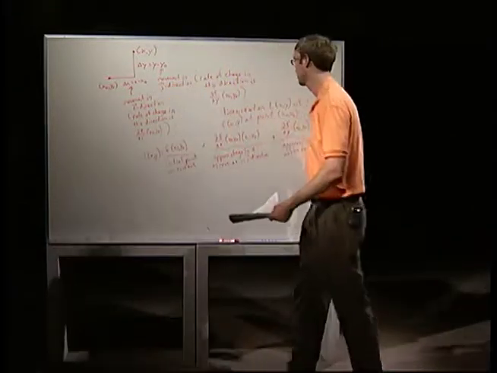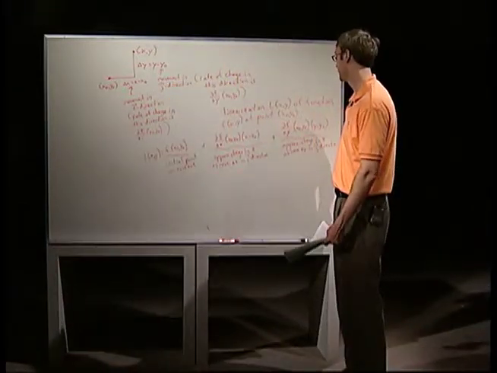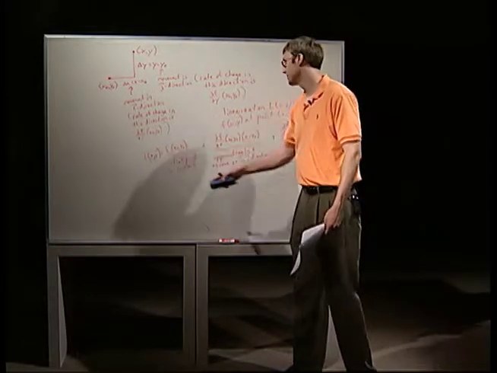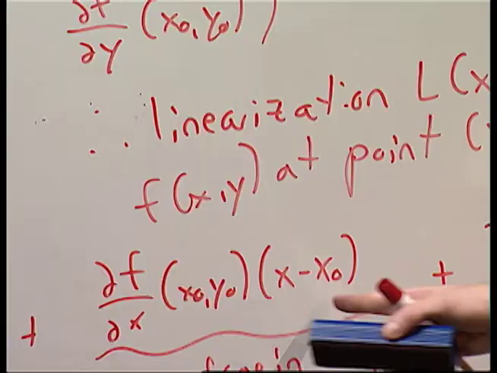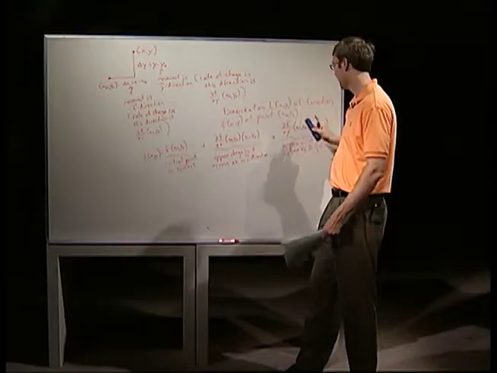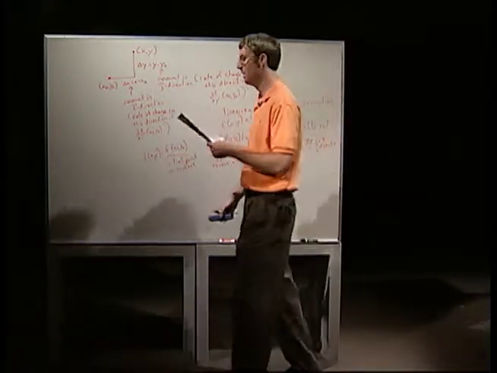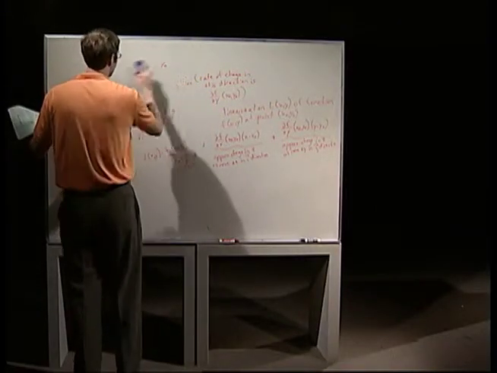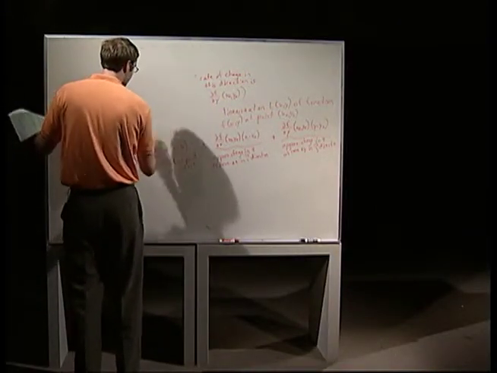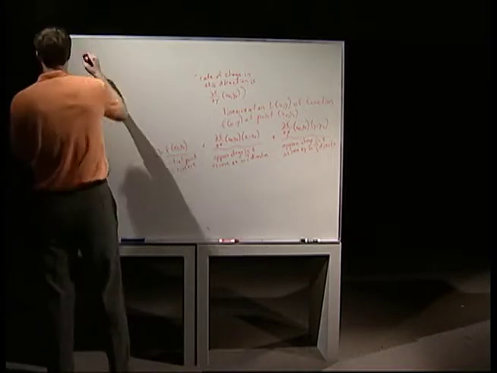This function is certainly linear. Here's a constant, this will be a constant times x, another constant times y, another constant. This is linear, and in fact it is the linear approximation. The linear approximation is the output of the linearization.